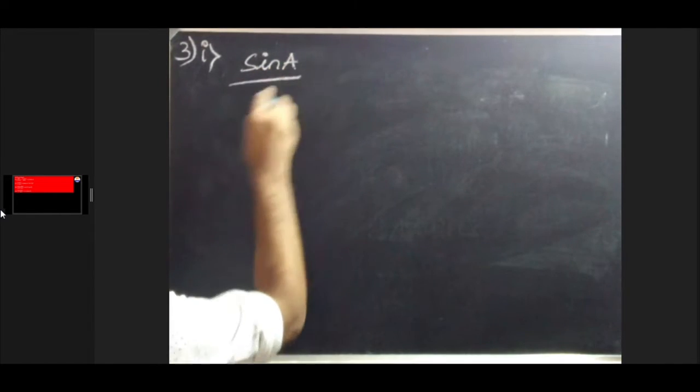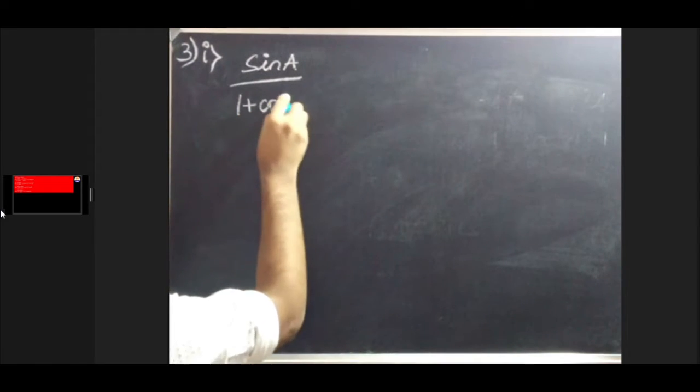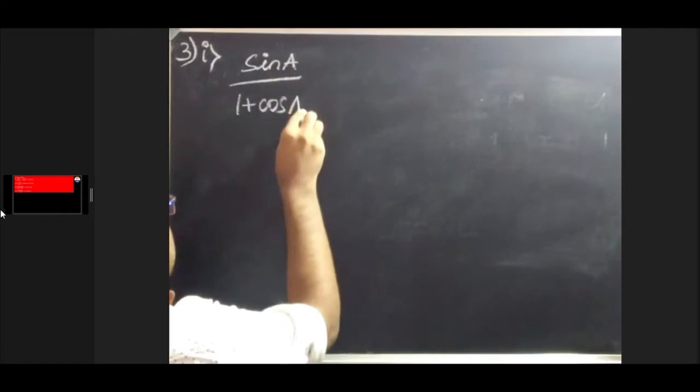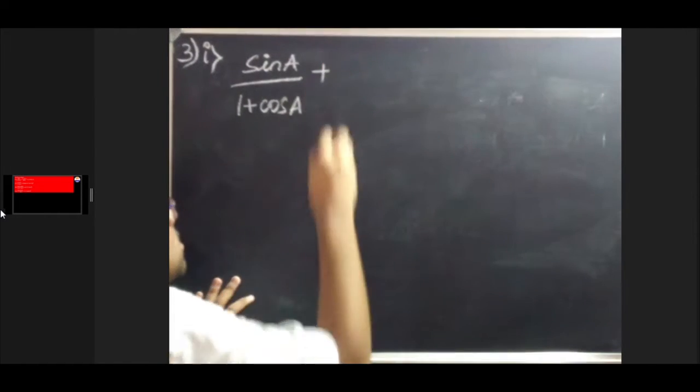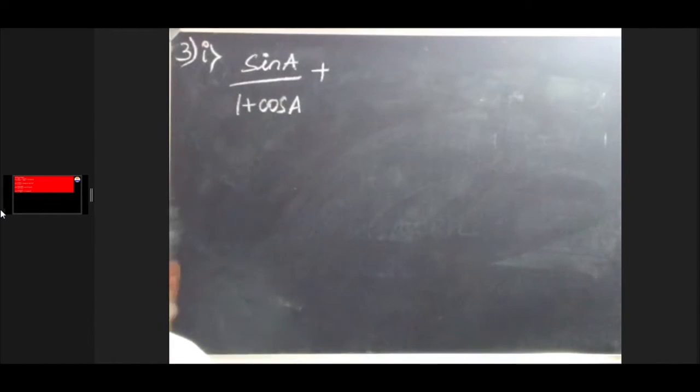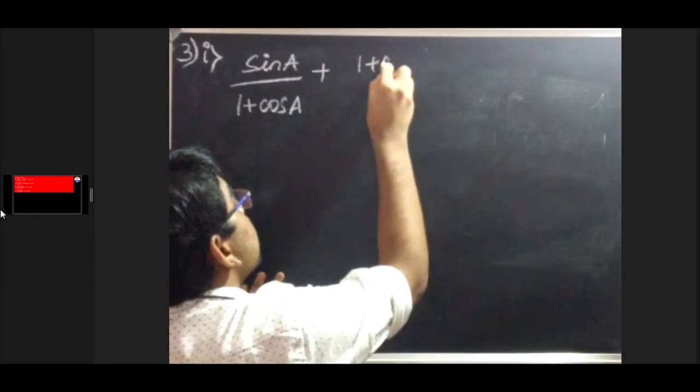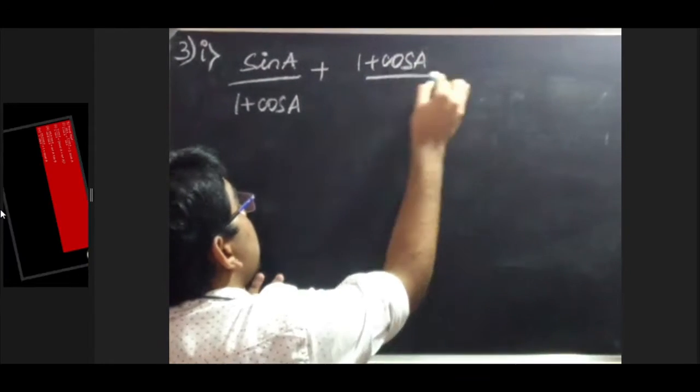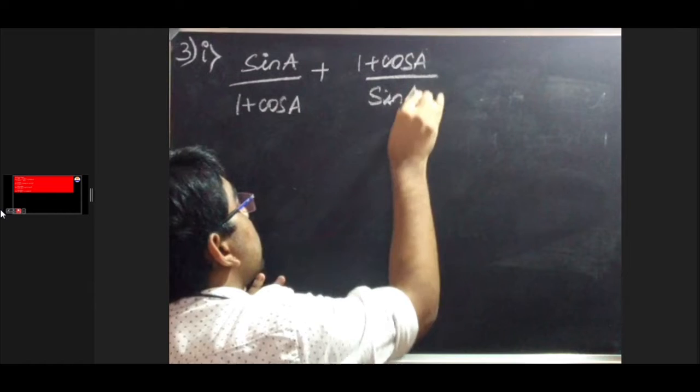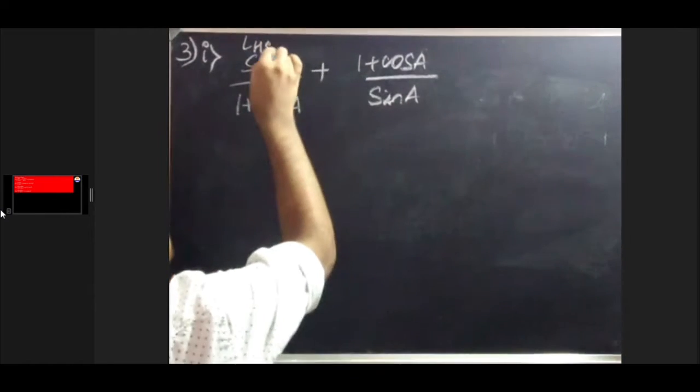Sin A divided by 1 plus cos A plus 1 plus cos A divided by sin A. This is given in our LHS.